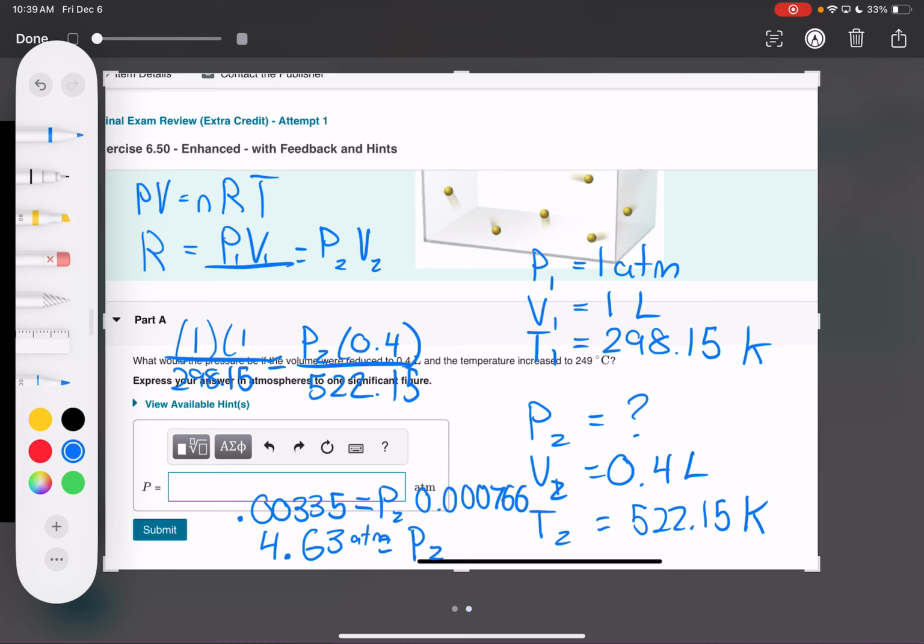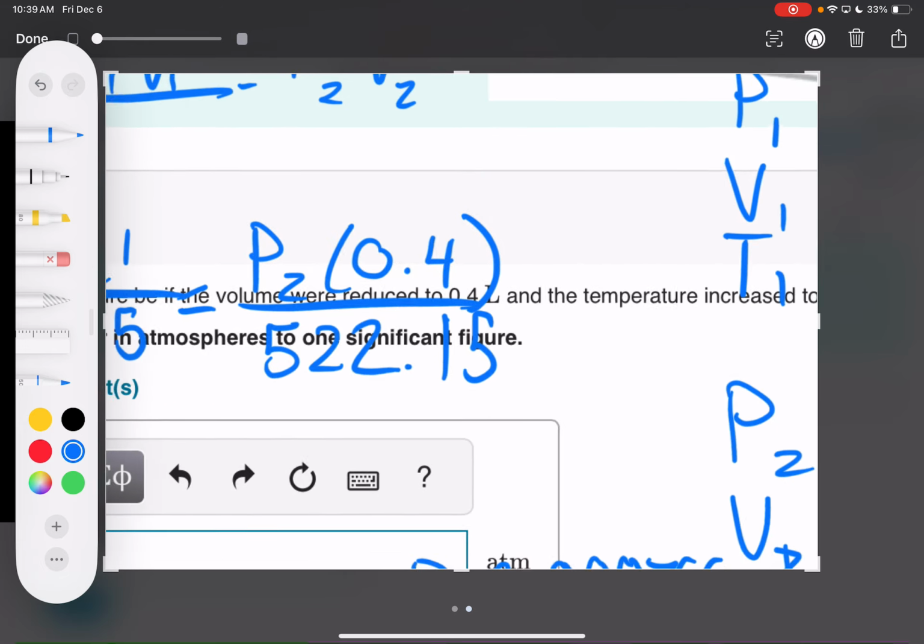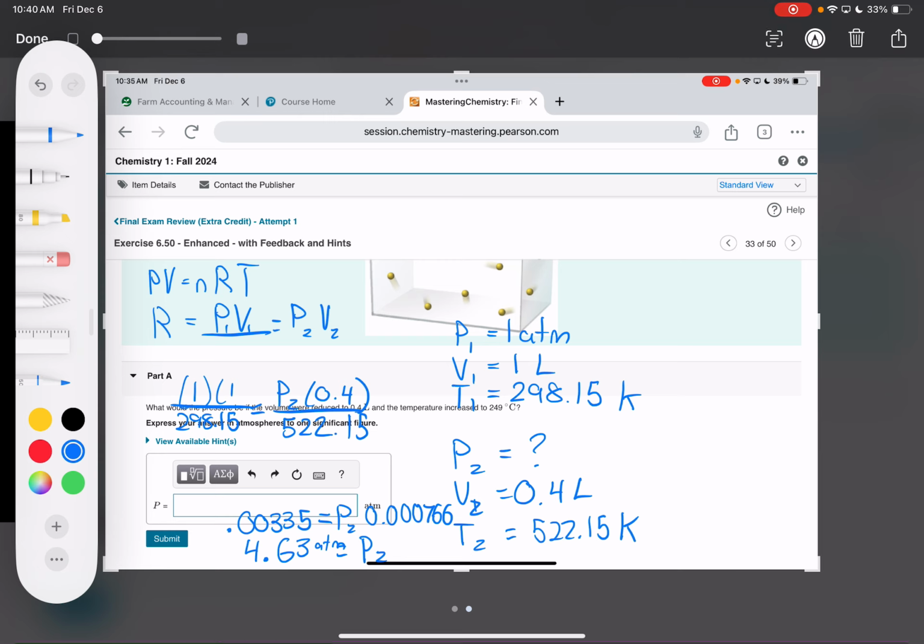Yep. But it said I got it wrong. And then I did practice, and then the same answer. Yeah. Is it because it says here, express your answer in atmospheres to one significant figure? So did you report it as 5 atmospheres? No, I have different numbers.